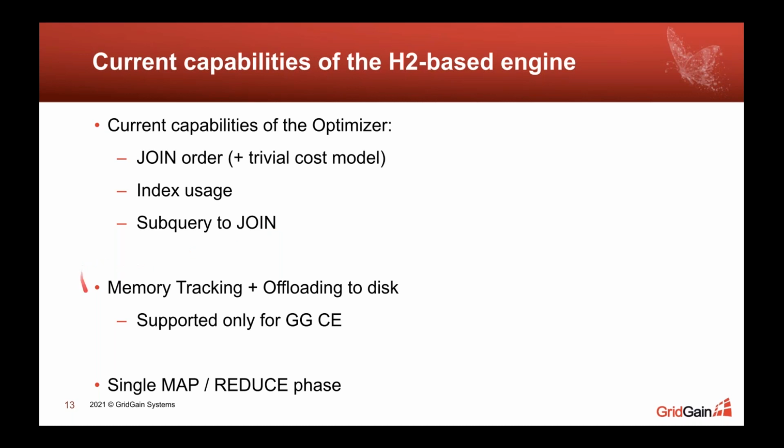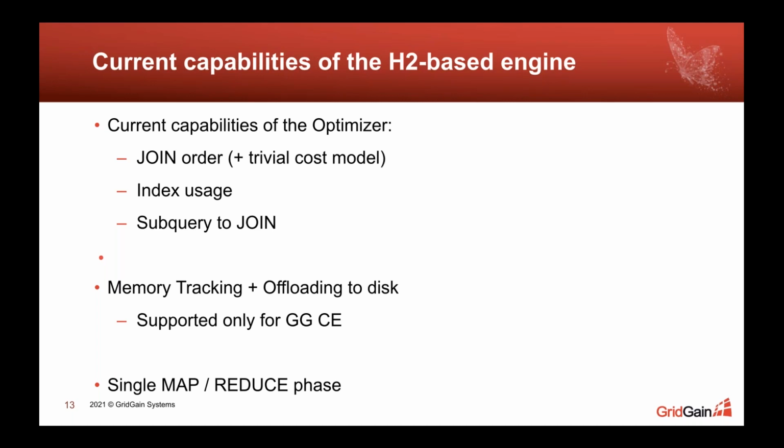Also, it's worth mentioning that there is machinery responsible for memory tracking and offloading, but unfortunately this feature doesn't exist in Apache Ignite. It exists only in GridGain Community Edition because it requires a forked H2. I'm not aware of plans to introduce it in Apache Ignite, so right now it's GridGain Community Edition only.